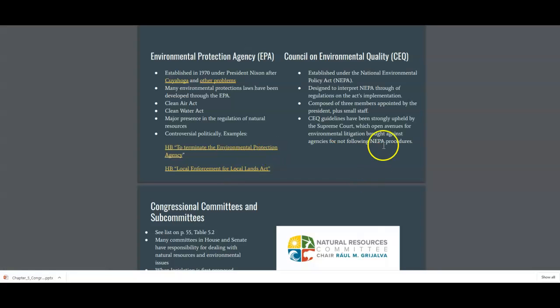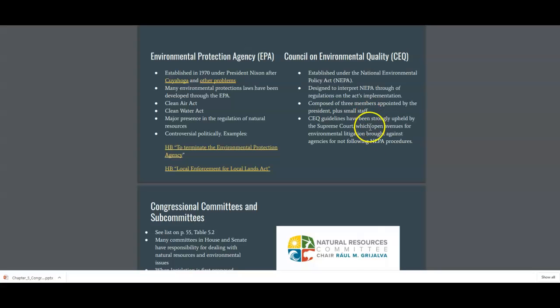Okay, the other thing I want to mention on this slide is the Council on Environmental Quality. So this was established when the National Environmental Policy Act was passed, and it was set up to interpret NEPA.